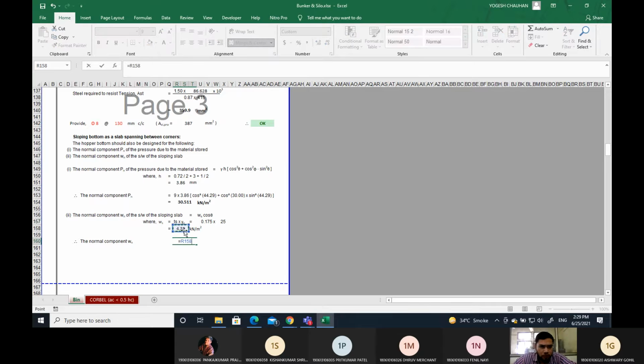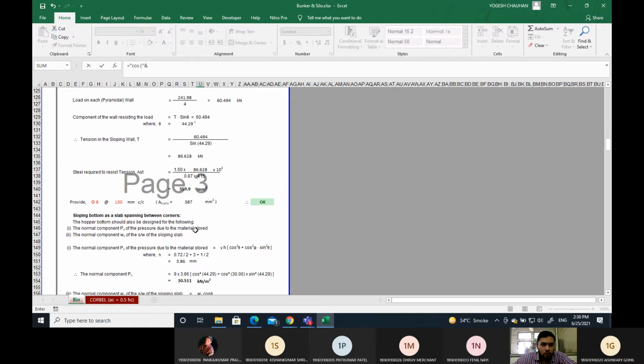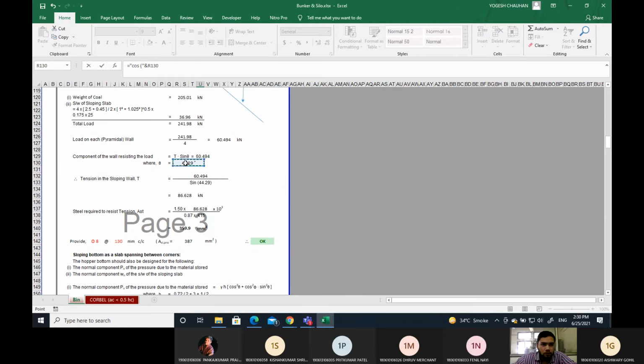That will be equal to this Ws into cos 44.29, cos theta is this value.